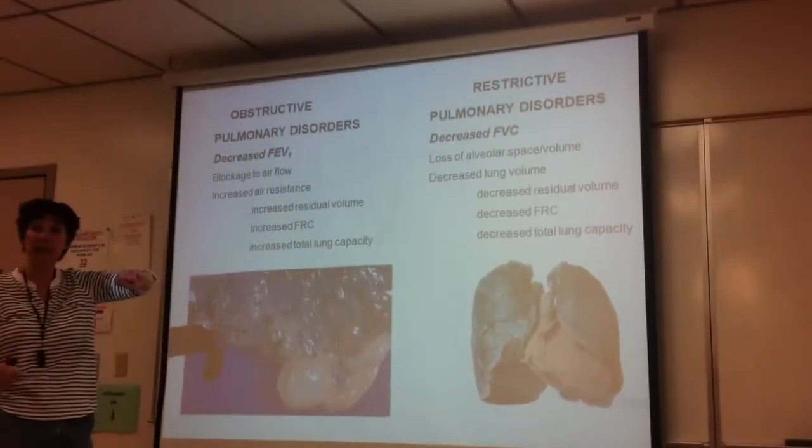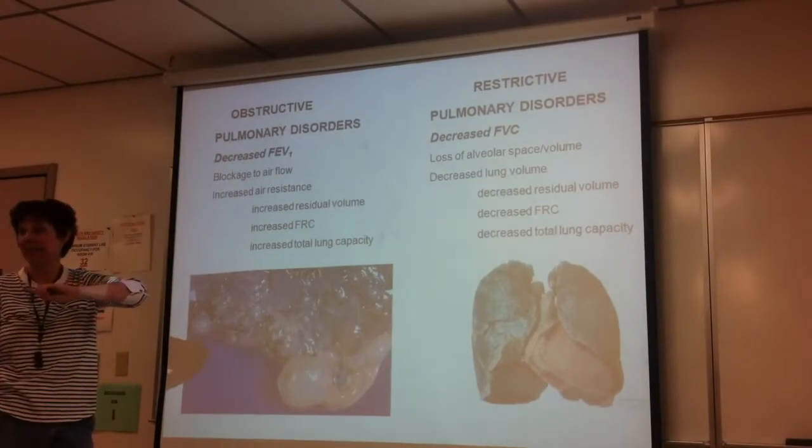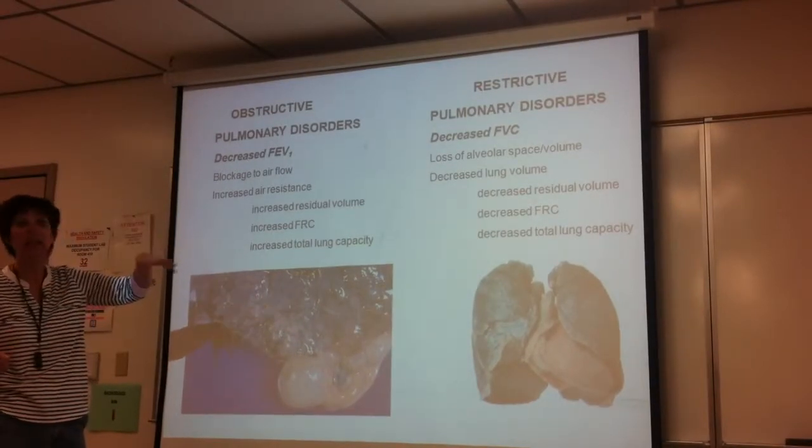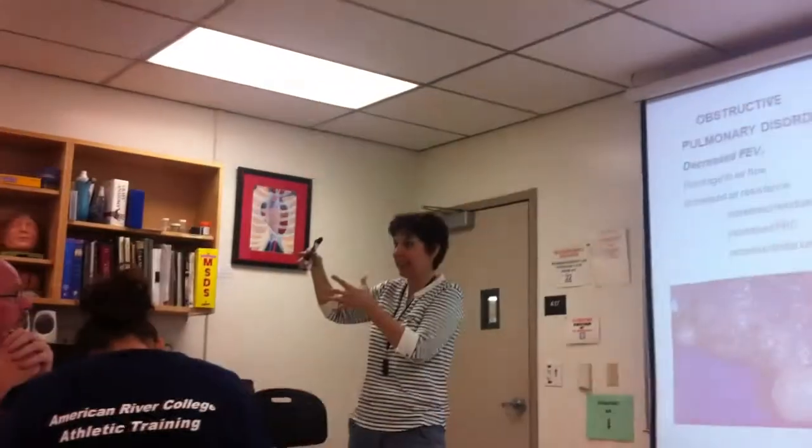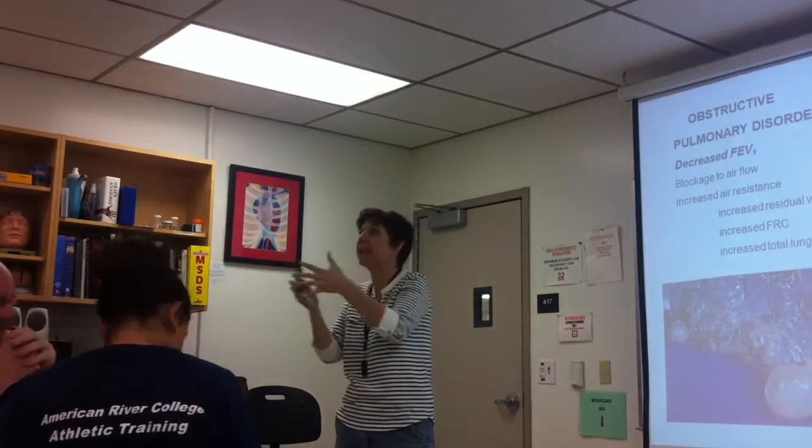So we have two different types of pulmonary disorders. It can be confusing at first because the terms seem to mean the same. Obstructive means there's a block. So let's say that there's this large cave where you're supposed to have a party, all right? And you're walking through a tunnel to this large cave. In obstructive pulmonary disease, that tunnel has a big rock in it, a big boulder that you're trying to get around.